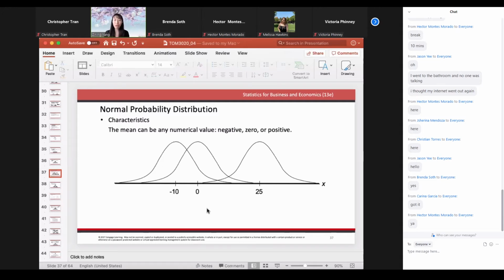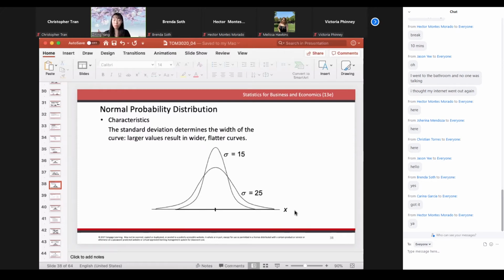So it simply tells us, do we have a group of large numbers or do we have a group of small numbers? So that's simply what we look at. Is it on the left end of the curve? Is it on the right end of the curve? Like where the center is.